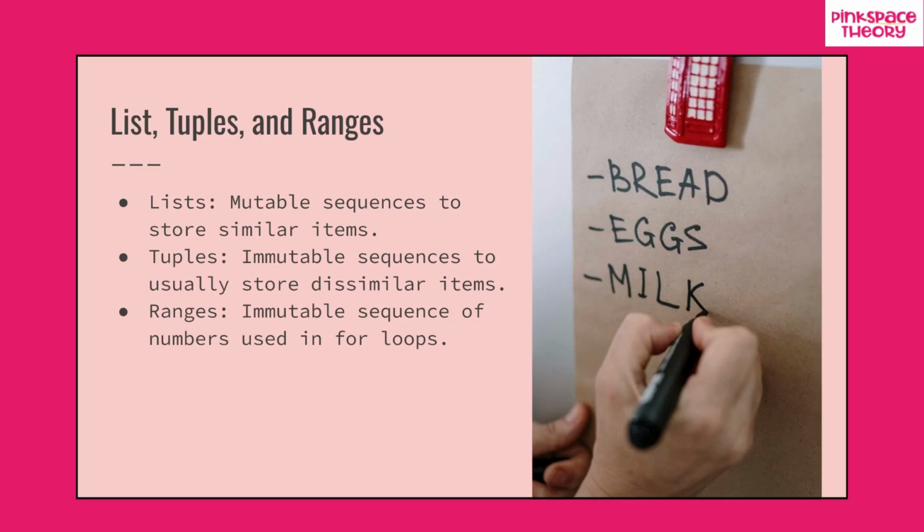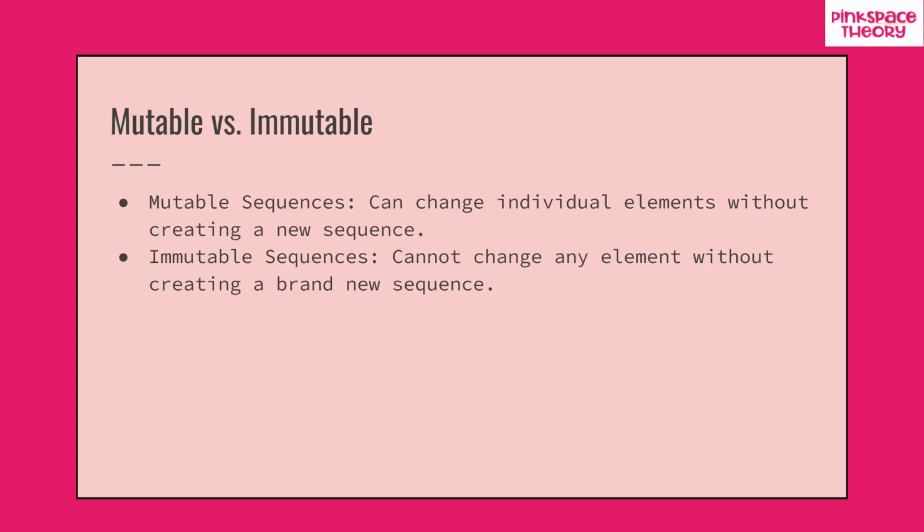Now, there were two words that I had to clarify so we better understand what we are working with, and it is the difference between mutable and immutable. A mutable sequence means that you can change the individual elements of this sequence without having to create a new sequence.